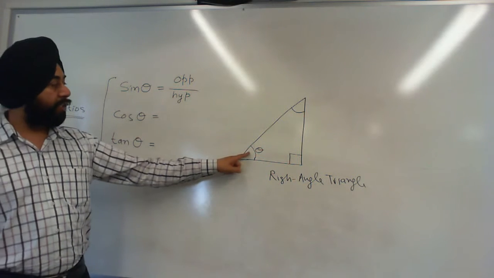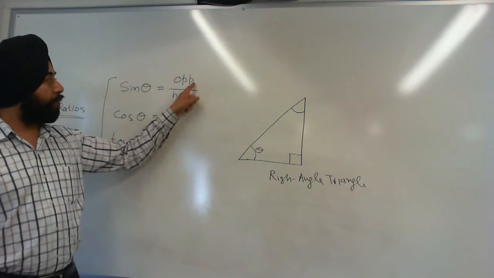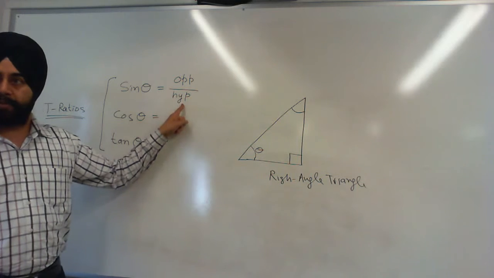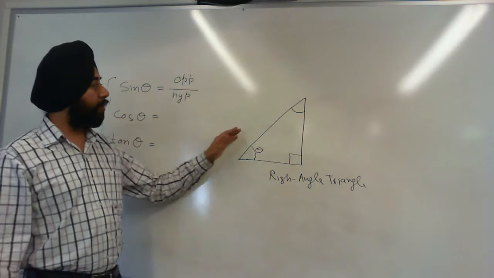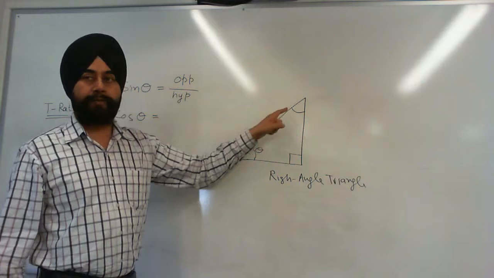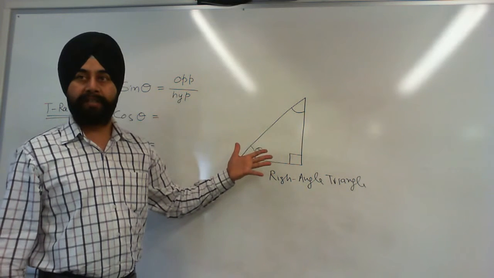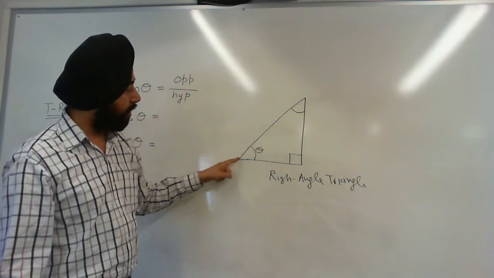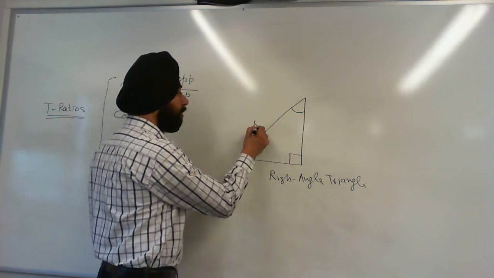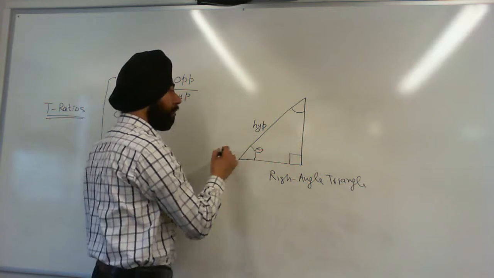So for this angle theta, what is opposite and what is hypotenuse? You know that hypotenuse is always the longest side of the triangle. You can tell this side just by looking at it. So this one has to be the hypotenuse.